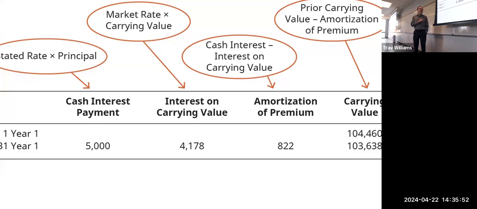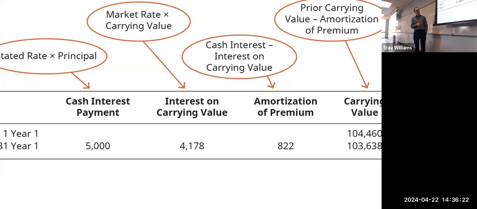Where it gets tricky now, to figure out how much interest we are actually going to journalize here. We take the carrying value, which initially is the amount of money that we receive, and we multiply that by the market rate. Not our interest rate, but the rate out there in the market, which in this example was 4%, I believe.